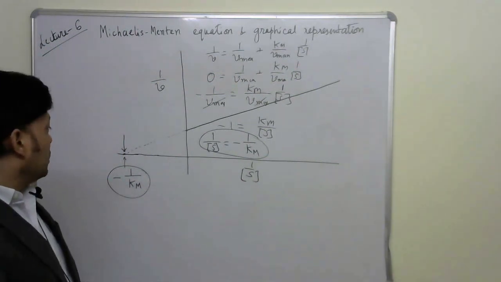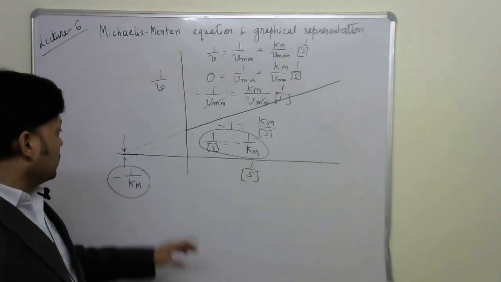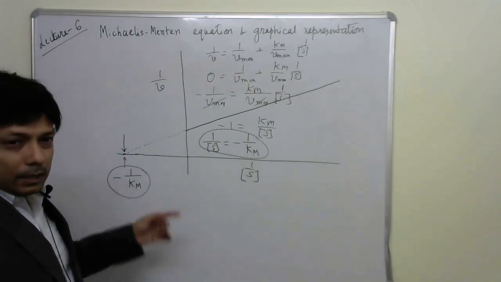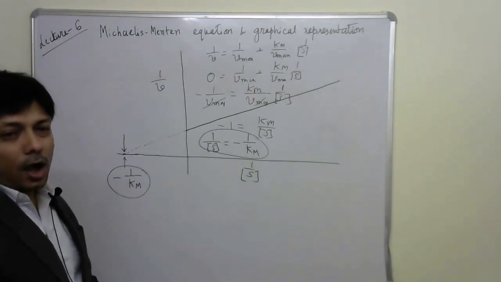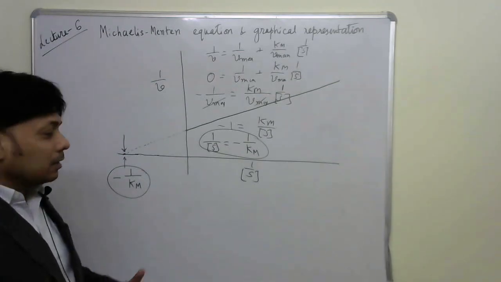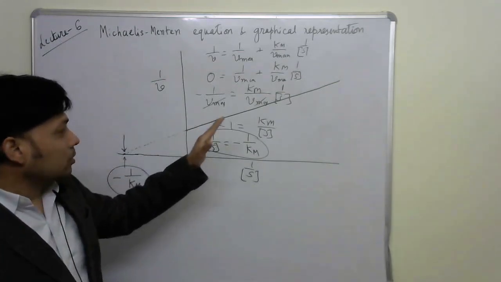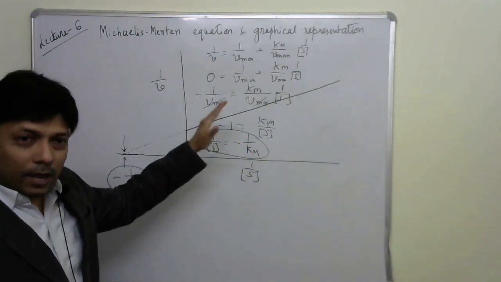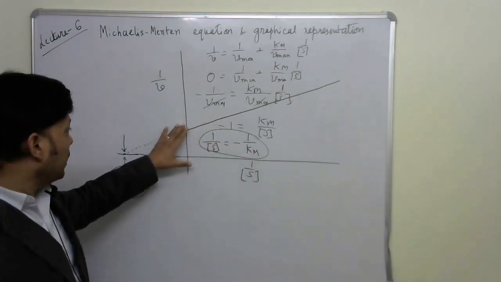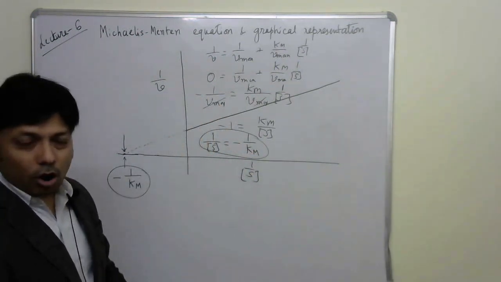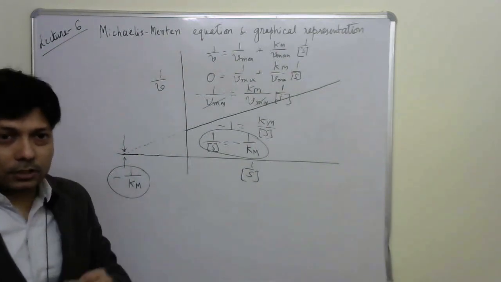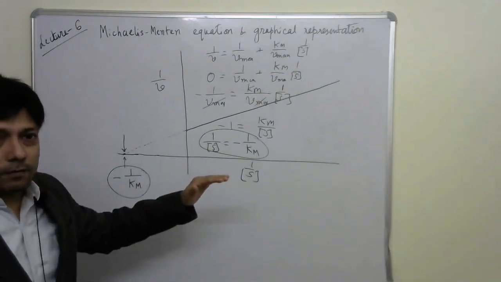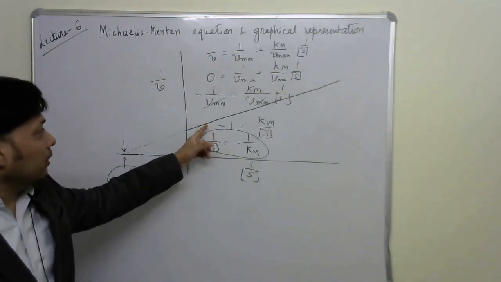Okay, so the question for you: if we have a higher Km value, how would the graph plot look like? We have another straight line to draw, and for that straight line we have a higher Km value.